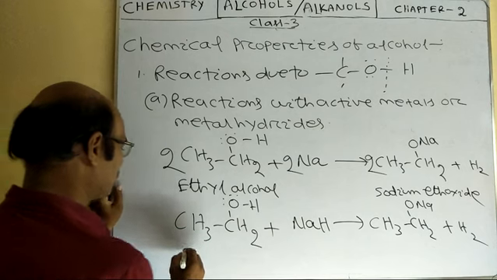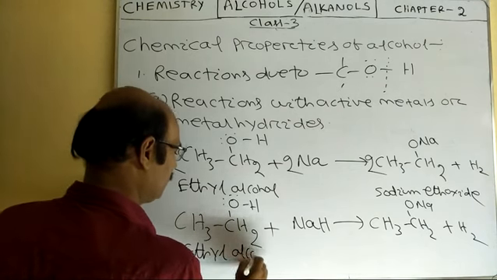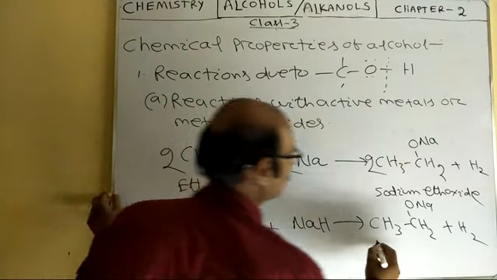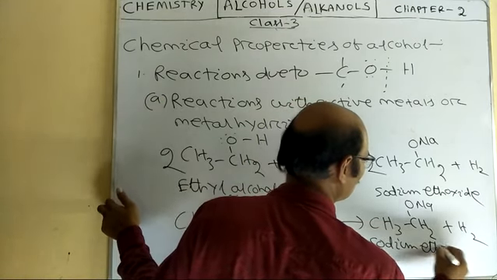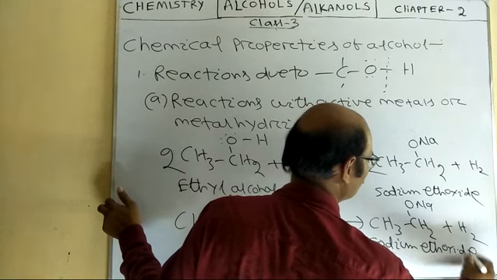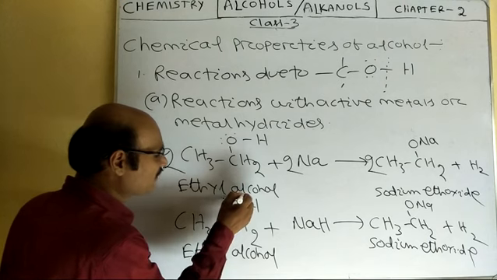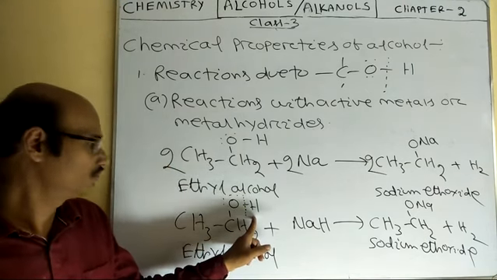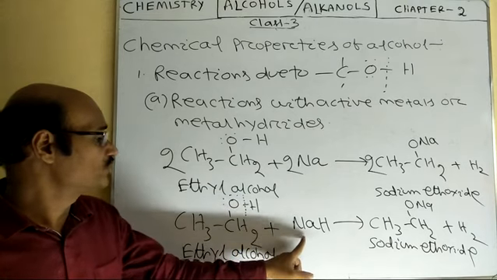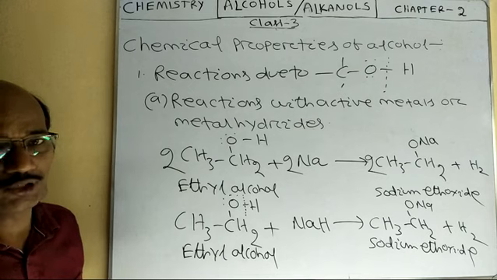Same thing, ethyl alcohol gives sodium ethoxide. So what happens here? The OH bond is breaking. You can see here the OH bond is breaking. Now to this O, the sodium is attached. Now H becomes H2.